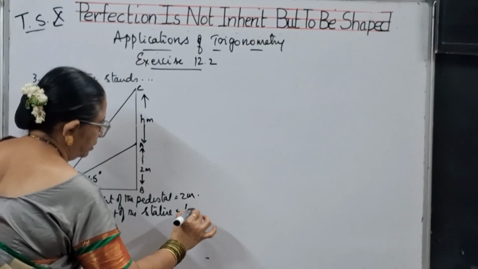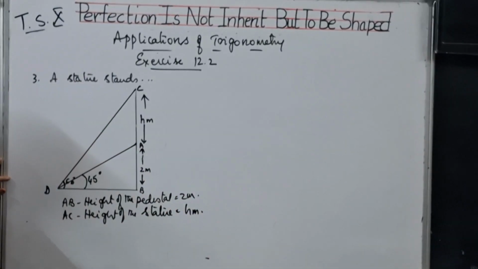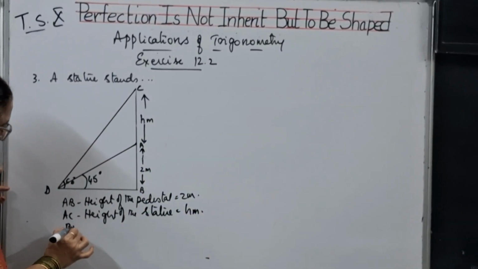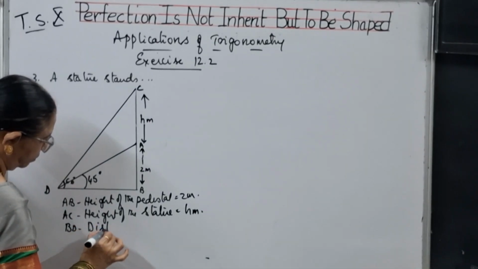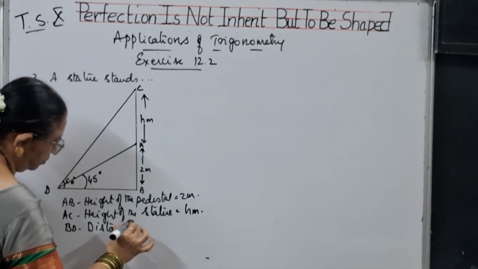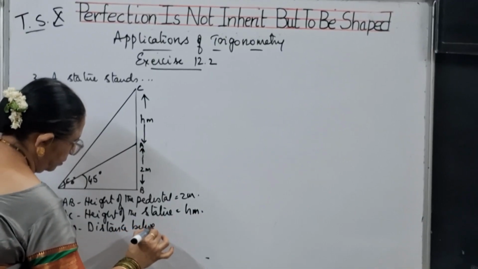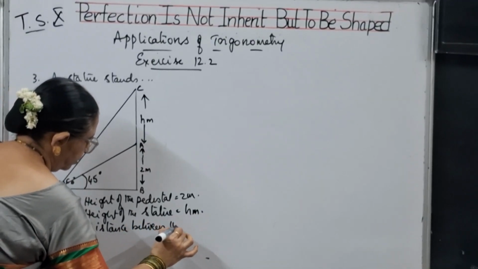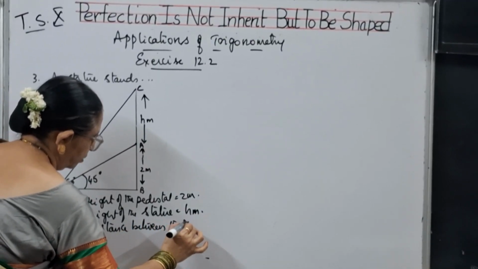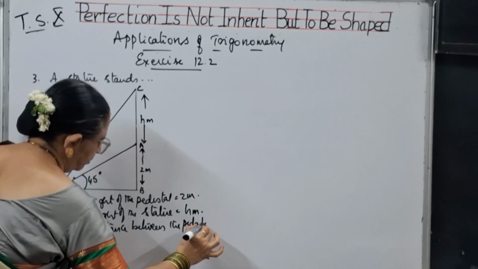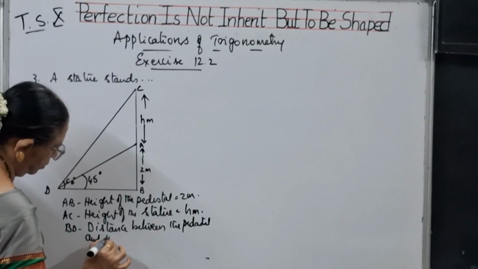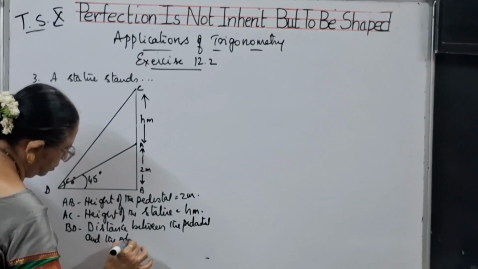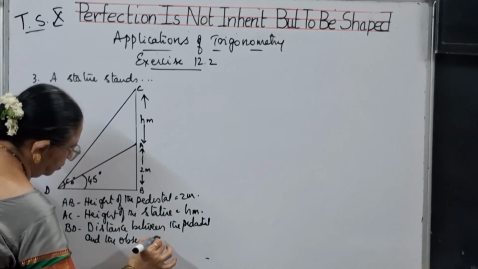Let us consider it as H meters. BD is the distance between the pedestal and the observer.